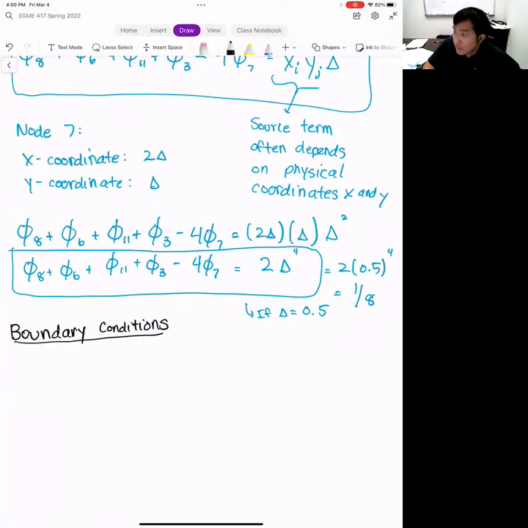Okay. And remember, boundary conditions define the solution behavior at the boundaries of our domain.